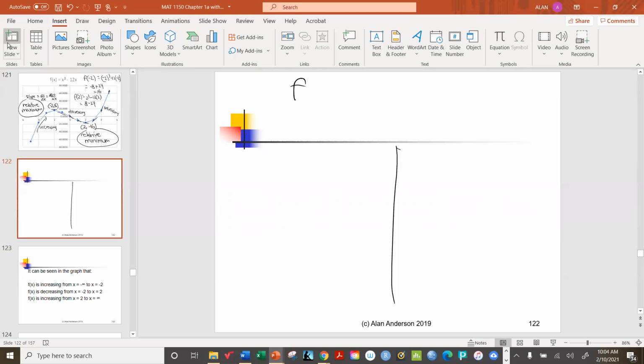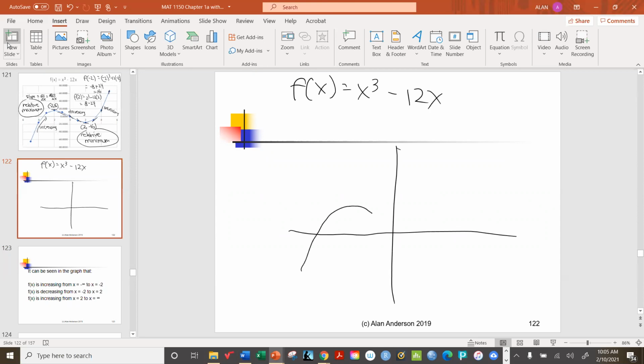So remember, the function itself is f of x equals x cubed minus 12x. We've already identified the point negative 2, 16 as a relative maximum.